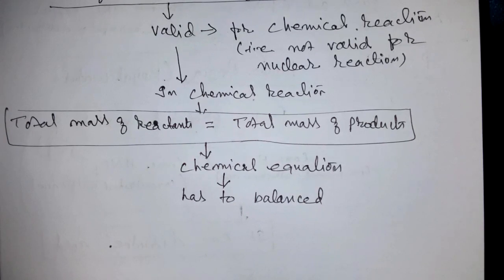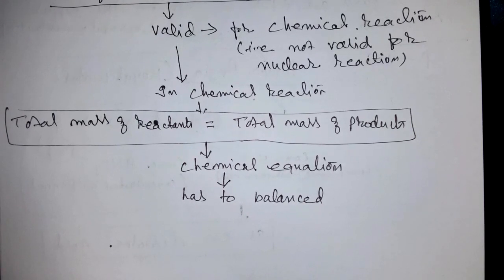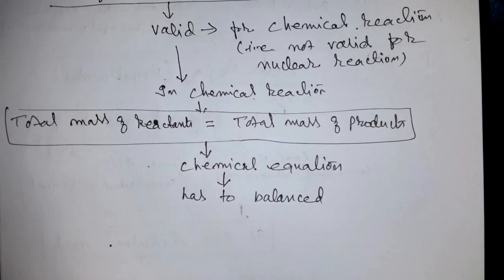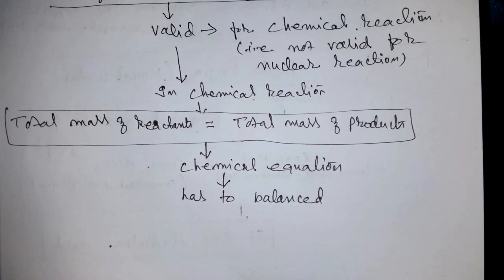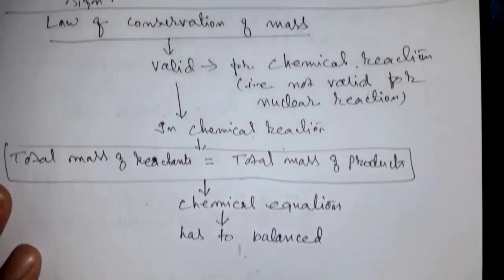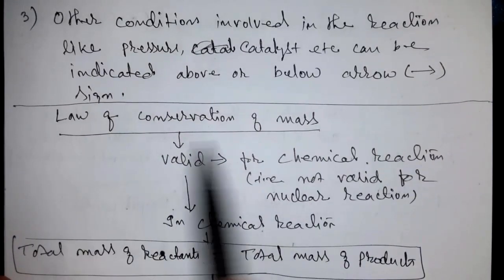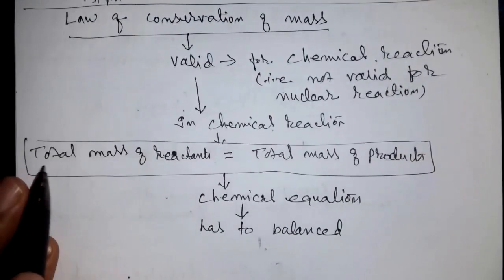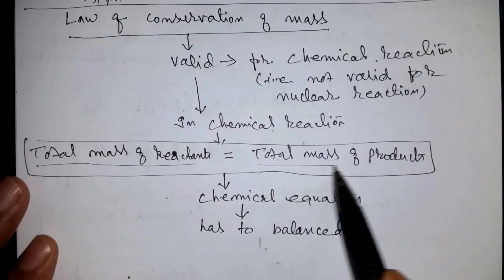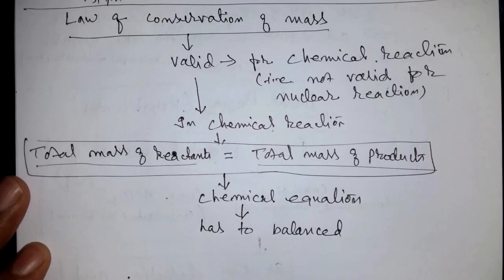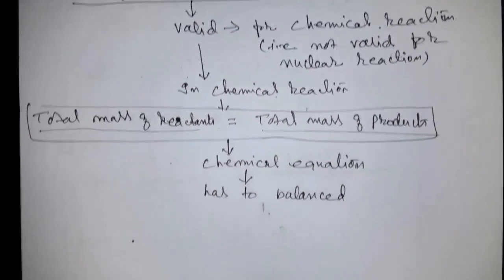But whenever you are balancing a chemical equation, that means on both sides, in reactant and product, the number of atoms of the same type should be the same. So why are we doing balancing? Just to make sure that this law is correct, that the total mass of reactant and total mass of product is the same. For that, balancing is needed.